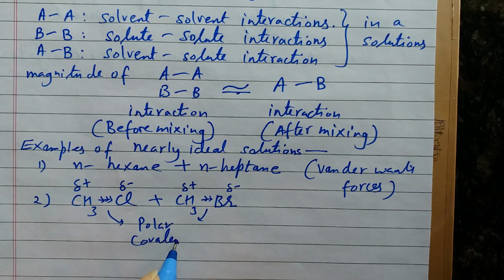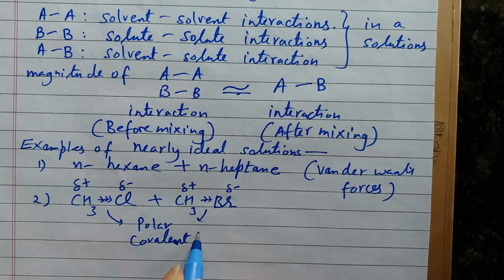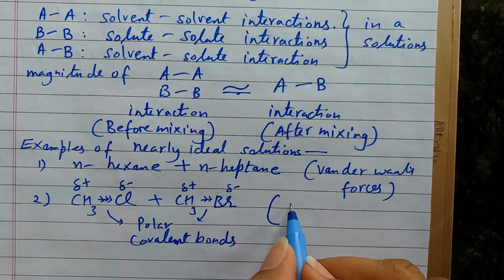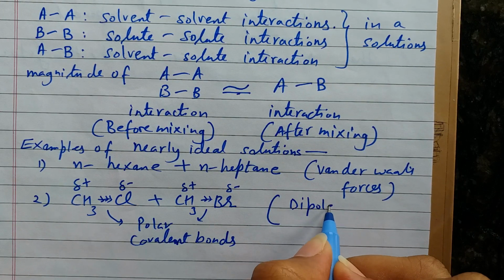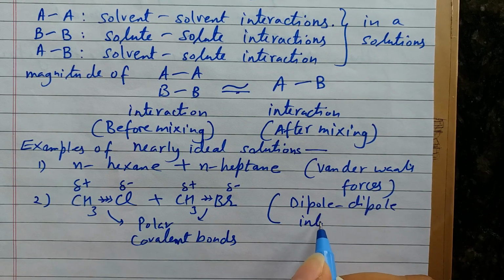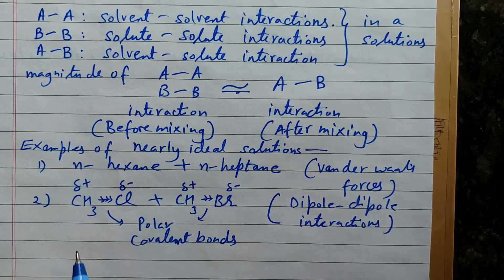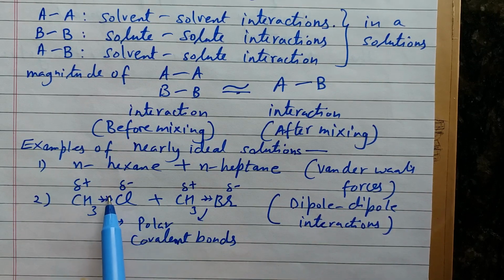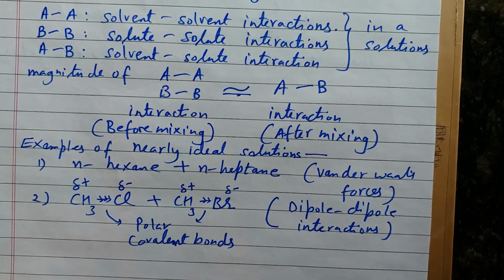Now when the bonds are polar covalent, the type of interactions which are possible between the molecules are the dipole-dipole interactions. One molecule of chloromethane with another molecule of chloromethane will have dipole-dipole interactions.